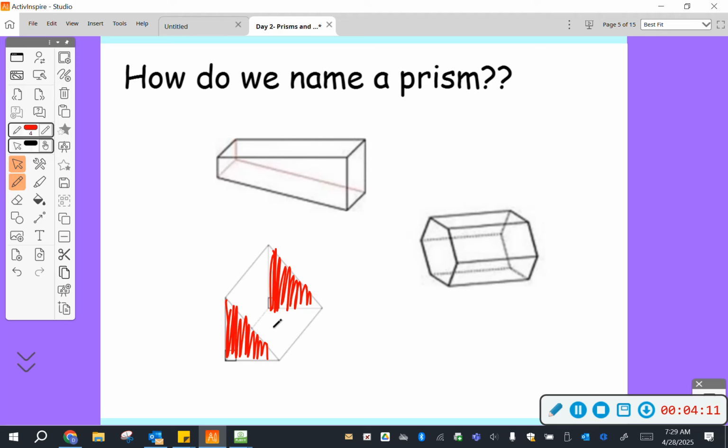So those are my bases. A lot of the times I'm going to have the prism stand up on the base, but not always. Same thing right here. I have a rectangle down here, but it touches the other rectangles. You have to find the shape that does not touch the one that looks like it. So here is my hexagon. It does not touch the other hexagon.